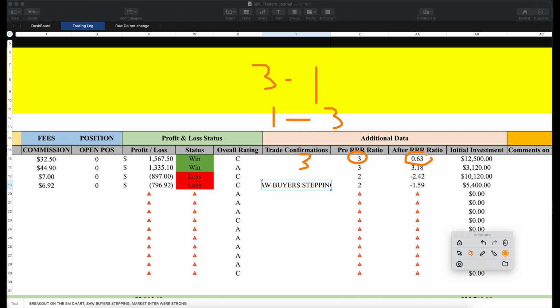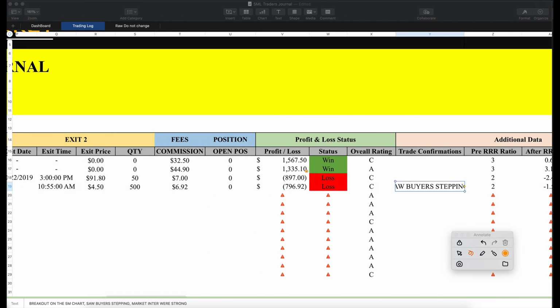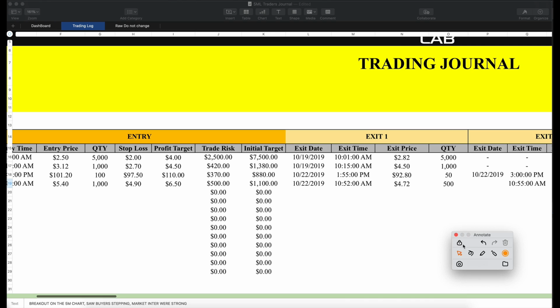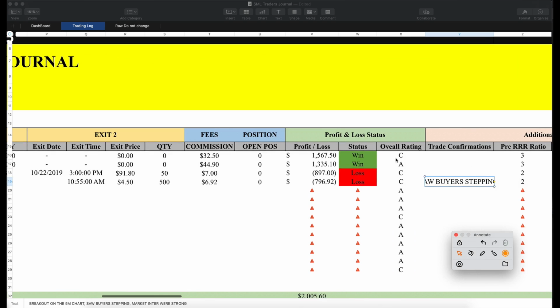After the trade, it was not even 1. So in simple terms, if you look at this trade, I made $1,500, okay? But when I go to the actual trade, I was willing to risk $2,500 to make $7,500. So my risk to reward ratio in this situation was a 3. But when the trade was done, it was not even a 1, right?